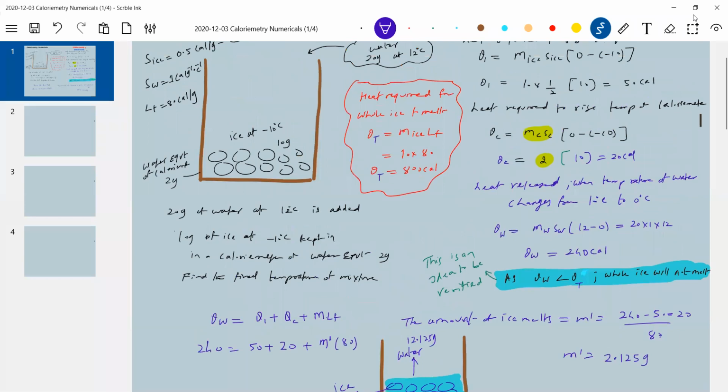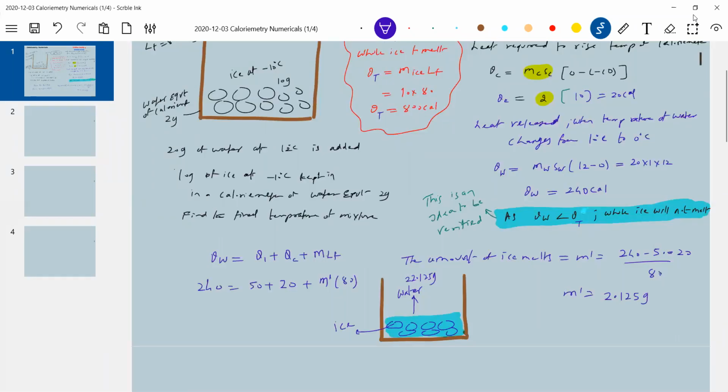For 10 gram, if you remove 2.125, anybody, value? 7 point 875. This much ice.